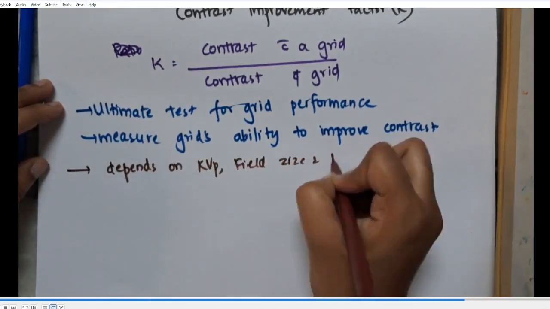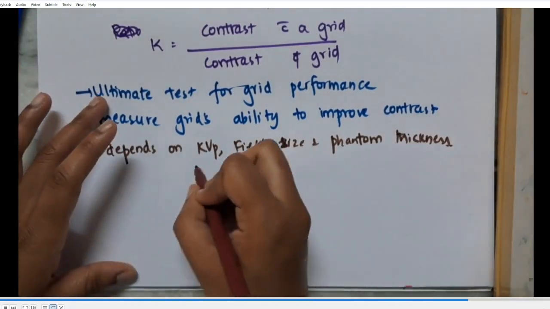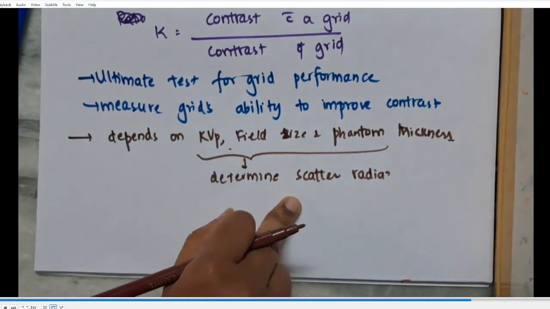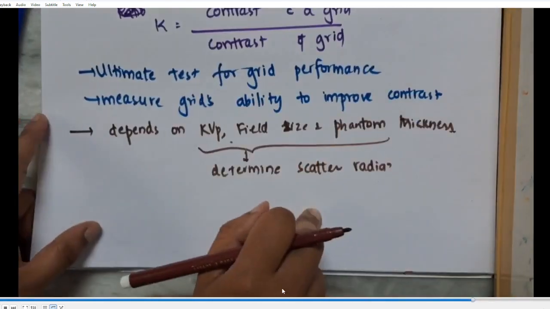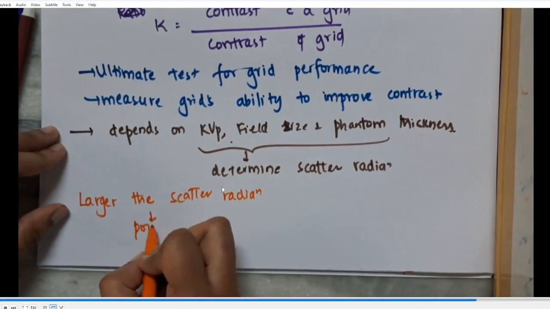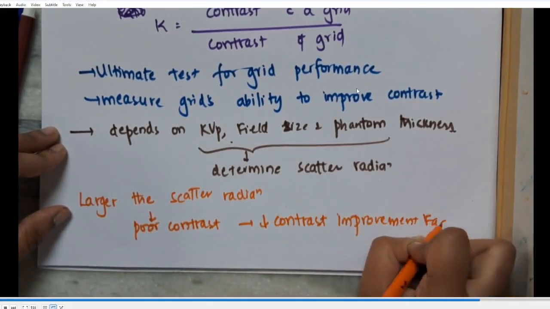Unfortunately, it depends on kilovoltage peak, field size and phantom thickness. This is understandable because these three factors determine the amount of scatter radiation. The larger the quantity of scatter radiation, the poorer is the contrast, and thus the lower is the contrast improvement factor.